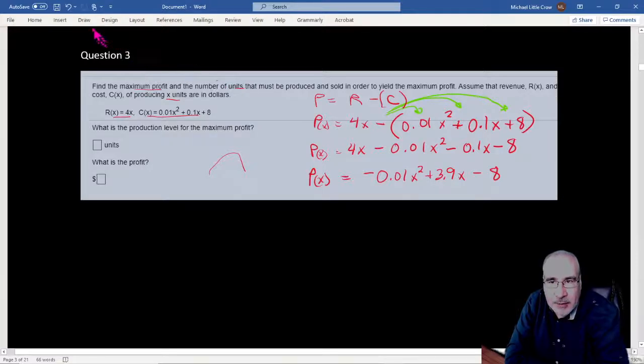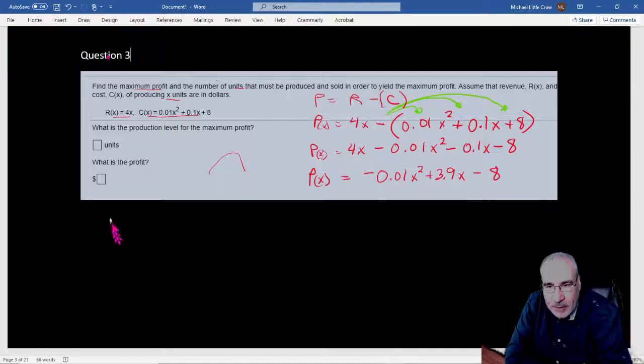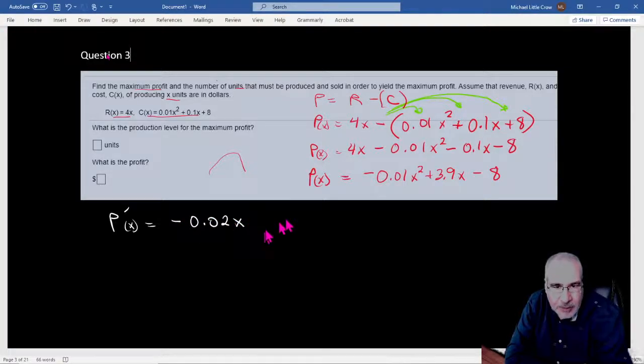Since we want to maximize, what do we do? We take a derivative and set that derivative equal to 0. I'm going to start with the derivative of profit, because that's what we want to maximize. The 2 comes down, so 2 times 0.01 gives negative 0.02x to the 1 power.